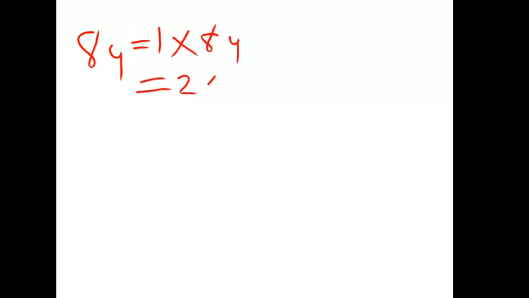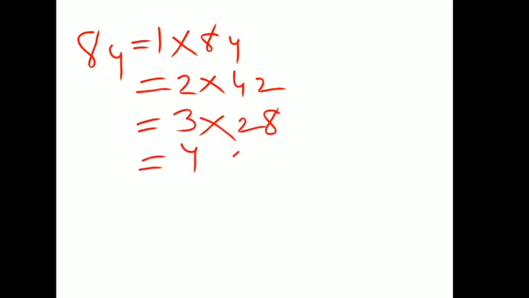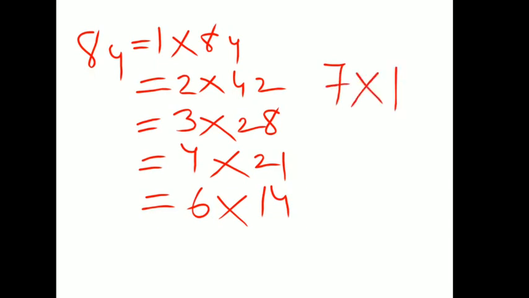Then the next number is 2 into 42, which is 84. Then 3 into 28, then 4 into 21, then 5 cannot divide, so 5 will not be a factor, so we proceed to 6 into 14. Next I am writing 7 into 12.